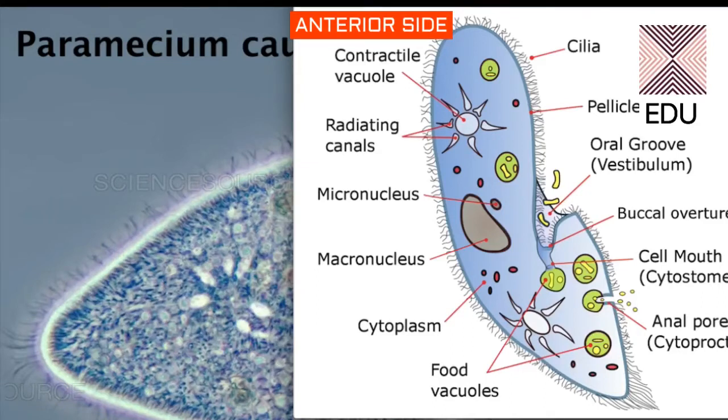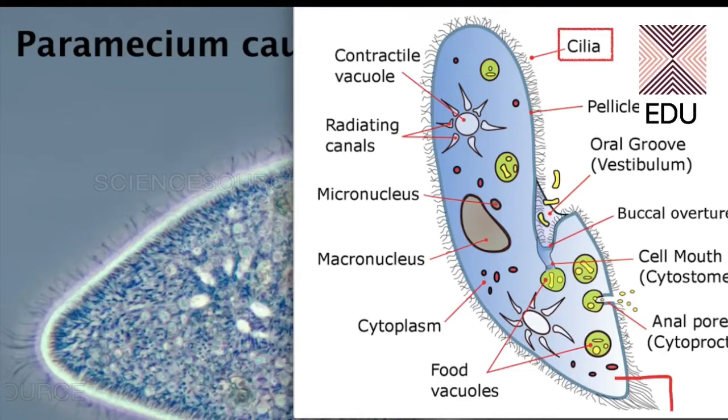Here you can see the cilia present all over the body, but at the posterior end the cilia are bigger in size. This part is called the caudal tuft. Tuft is a group, so this is a group of cilia which are larger in size.